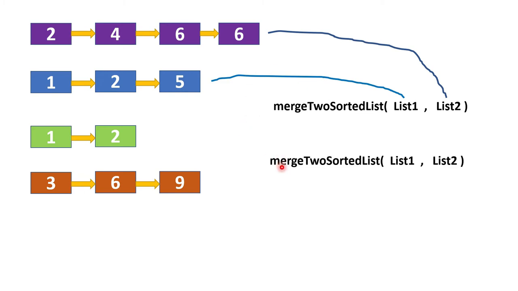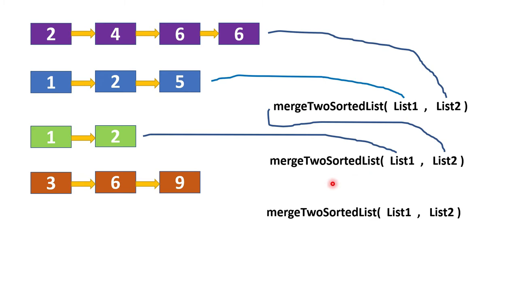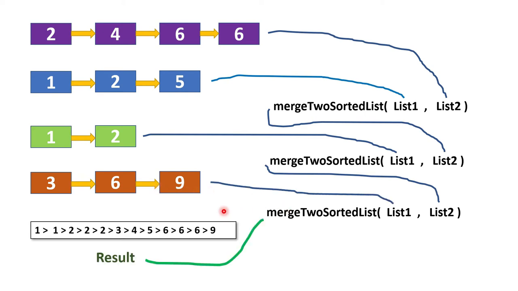Then we can again call this function, and whatever is returned from here we can pass to the next function as list 2, and we can take one new linked list. Then again we can call this method. The result coming from here we can pass here, and we can take one new linked list. Ultimately we will get our result, which will be a sorted, merged linked list.